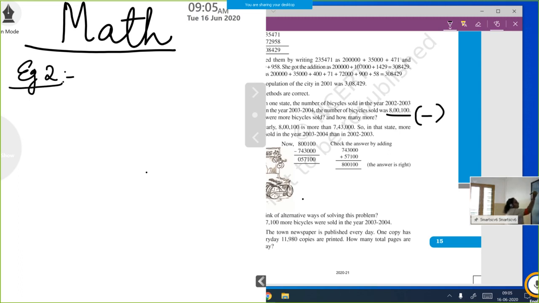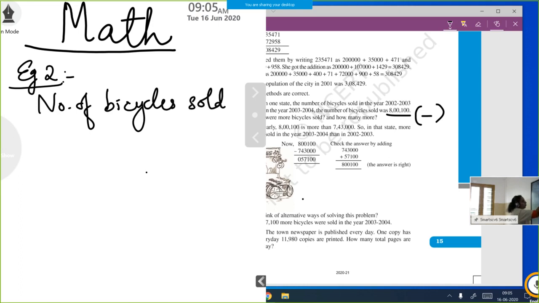So we will write: number of bicycles sold in 2002-2003. That is the year.